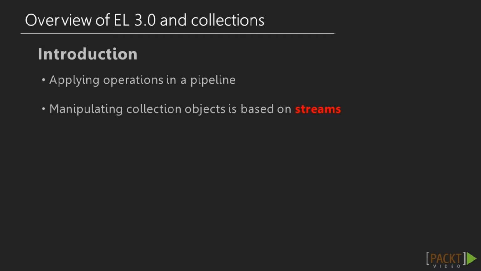More precisely, the specific operations are accomplished as method calls to the stream of elements obtained from the collection. Many operations return streams, which can be used in other operations that return streams, and so on. In such cases, we can say that we have a chain of streams or a pipeline.